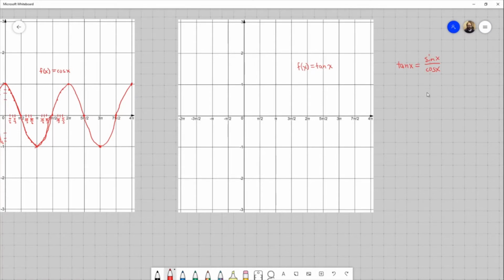In particular, one of the things that you learned about graphs of rational functions is that when the denominator of a rational function is equal to 0, that often tells you, not always, so I'm going to put this in sometimes, when your denominator of a rational function is 0, you sometimes get vertical asymptotes.